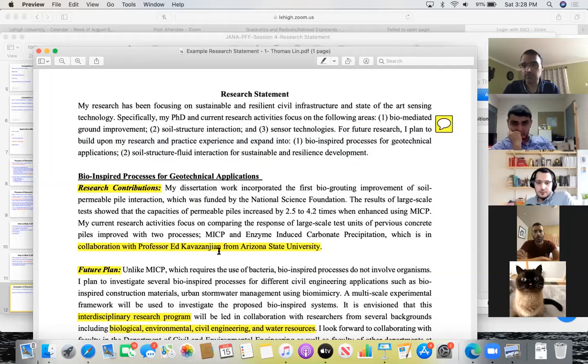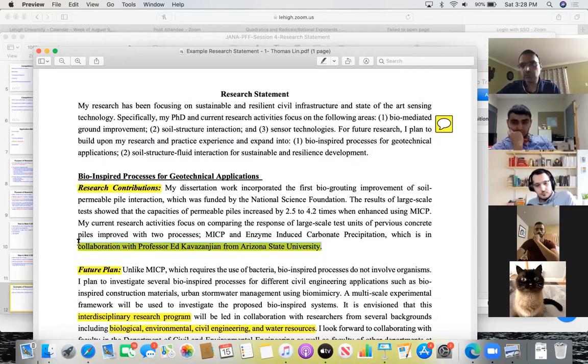the research statement. So for the first research area, again, he used subheadings to make sure that it's clearly divided so people can easily see what he has done and what his future plan is. So, for example, if you notice here, the first research area, his contributions, and toward the end of that contribution, he basically mentions a collaboration with one of the faculty members.